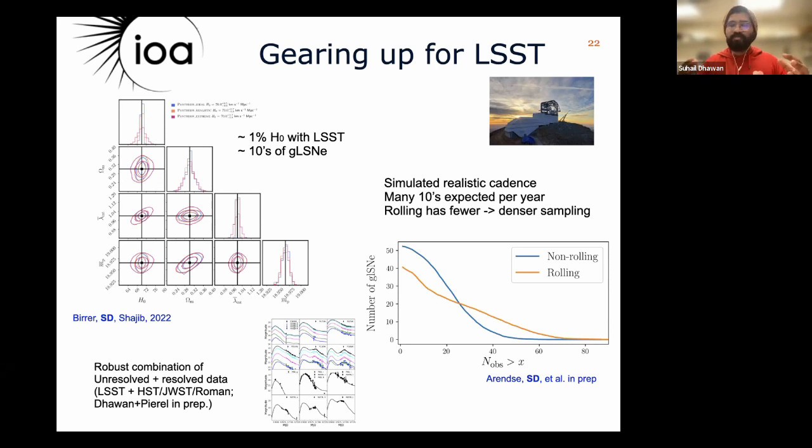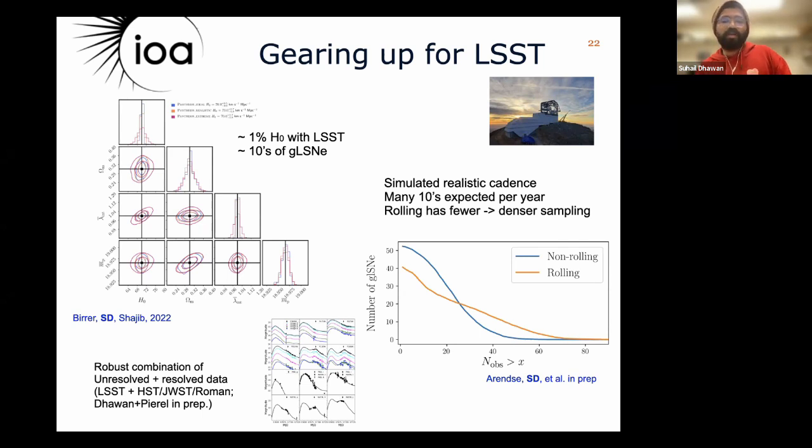of the number of supernovae that we require in order to get to percent level with LSST data. What we found was that a few tens of lensed supernovae are enough to get to that required precision, such that we can be competitive with local distance ladder estimates.